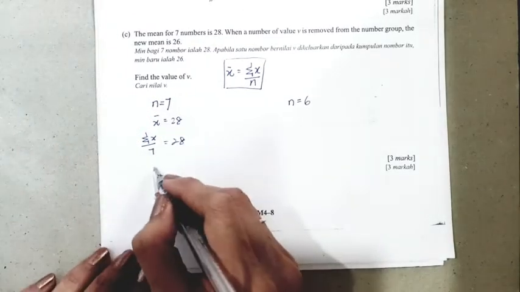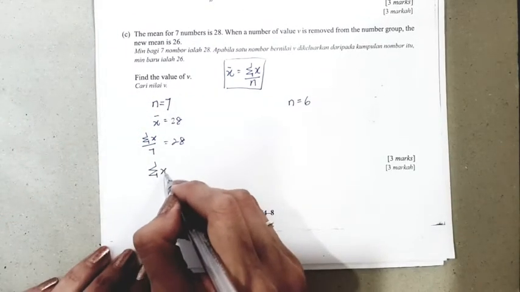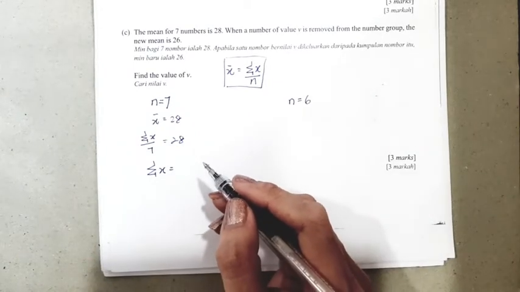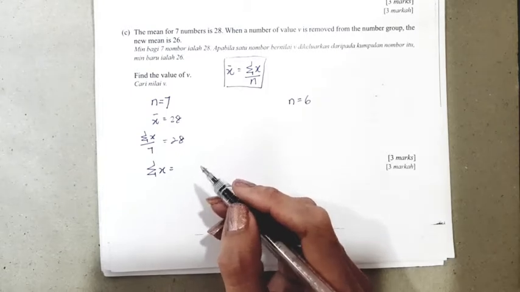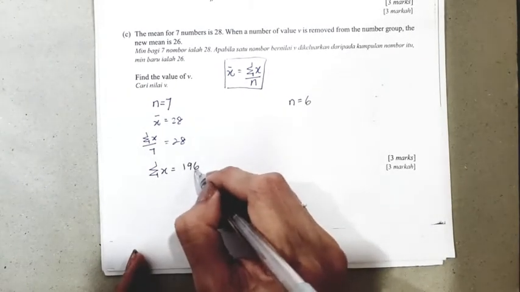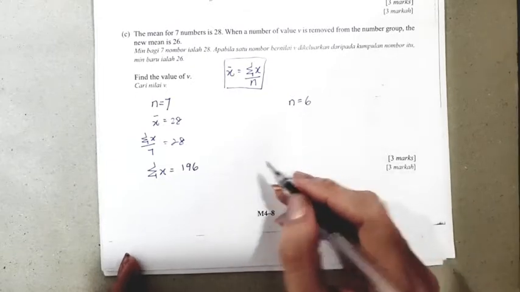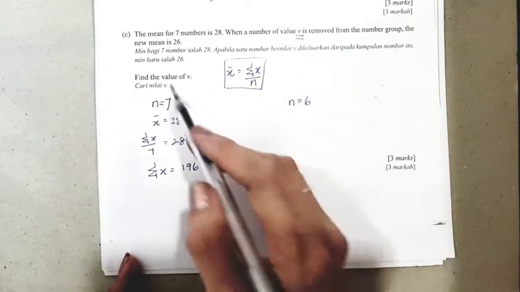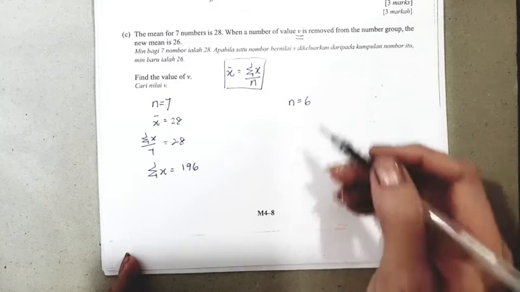Therefore, what is our total number initially? So 28 times 7. So what do we have? We have 196. And 196 after we take away v, the new mean is 26. Okay, so let's do it.